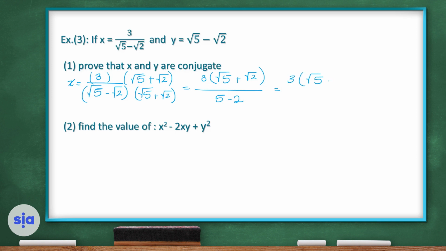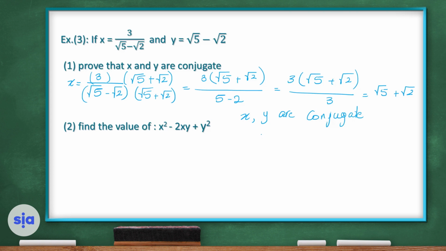So 3 times root 5 plus root 2 over 3 is root 5 plus root 2. So x is equal to root 5 plus root 2, and y is given as root 5 minus root 2. Then definitely x and y are conjugate. And this is what the question wants me to prove.